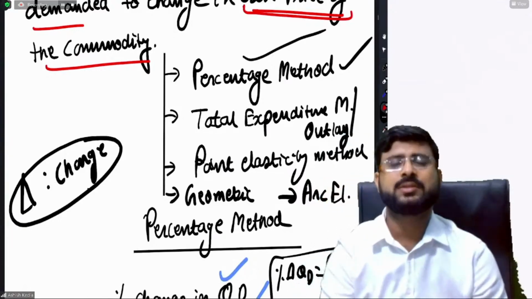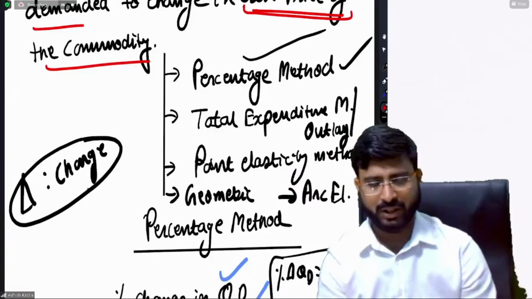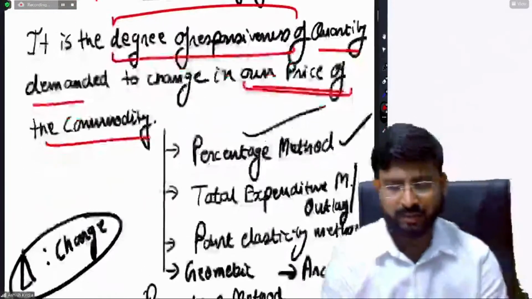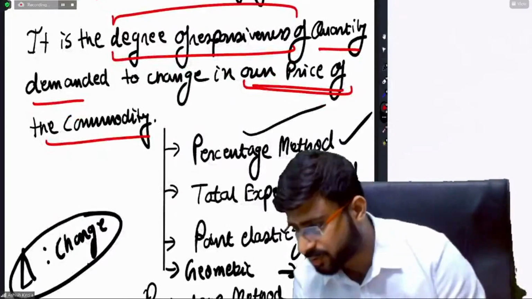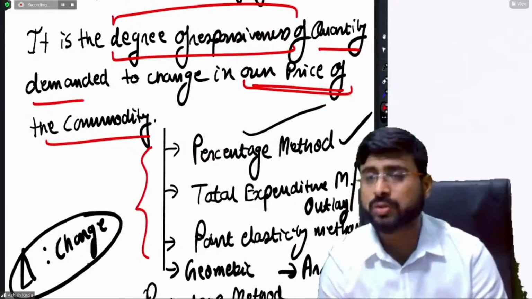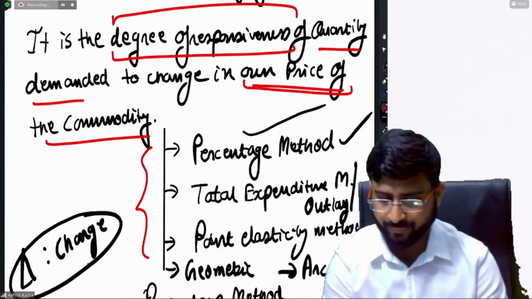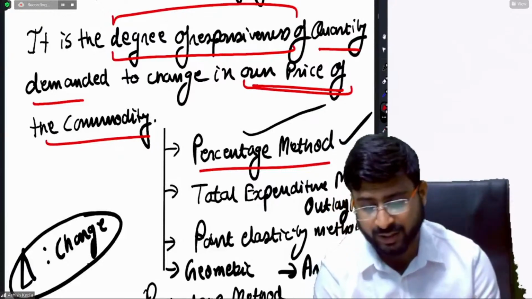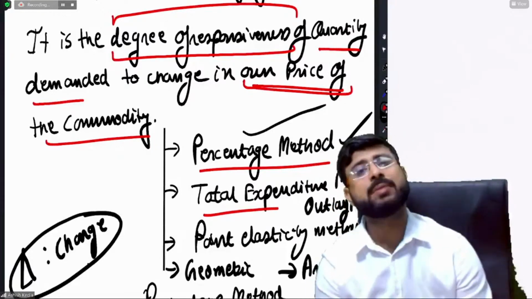So now pay attention. If you have understood this much, to measure price elasticity of demand, we have four to five methods. Number one is the percentage method, one of the very famous and important methods. Then we have the total expenditure method.